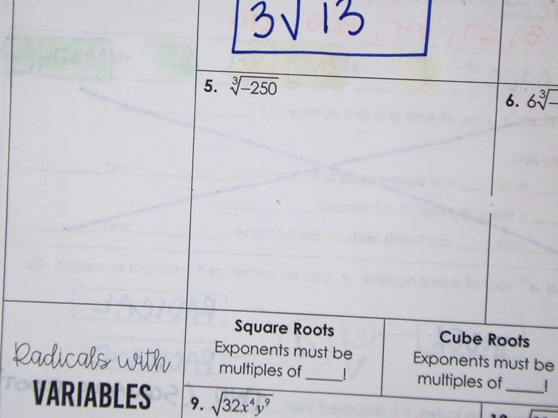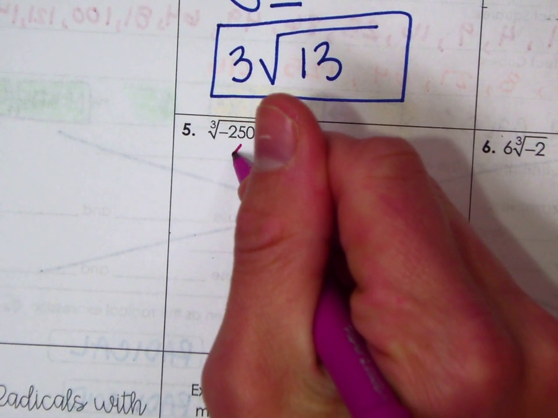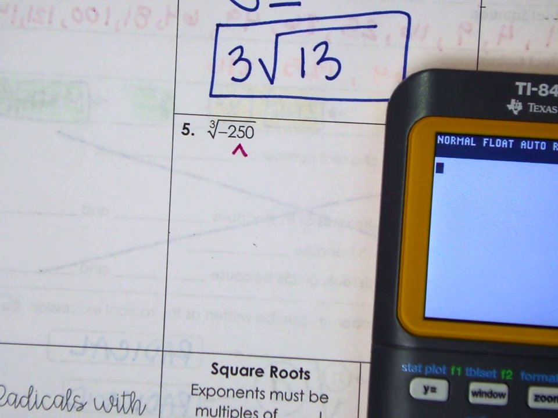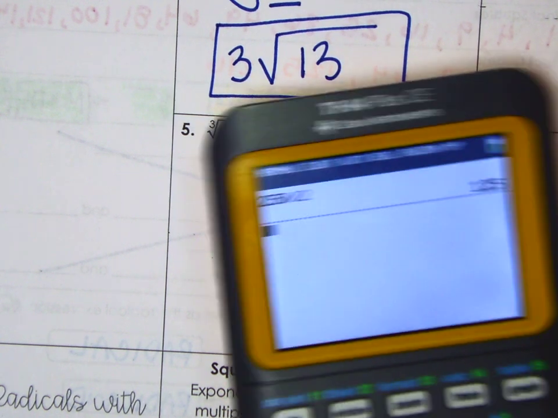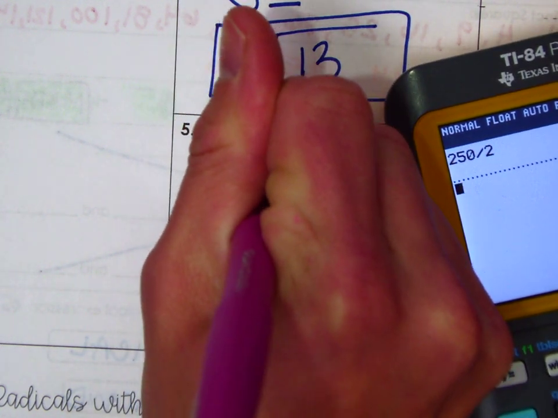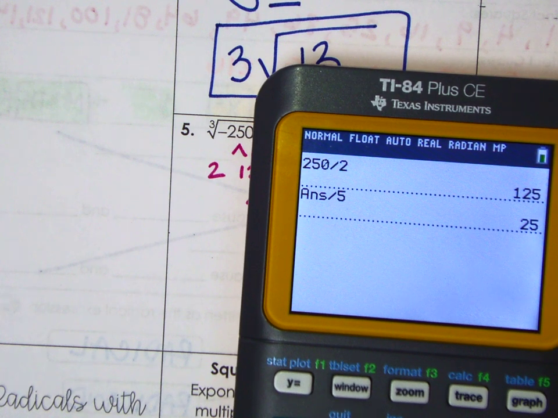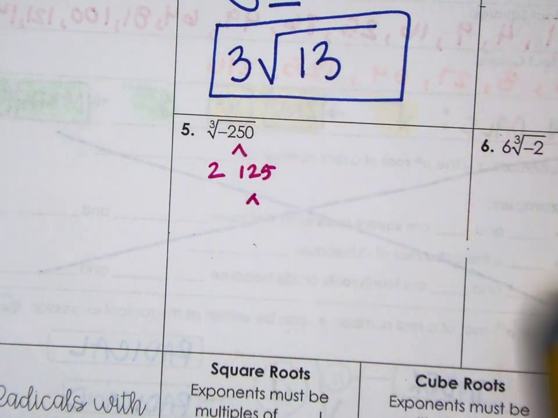All right, so I'm going to go down here to this cube root. So same thing, I'm going to break down the cube root. So 250 divided by 2 is 125. And then 125 can break down to 5 and 25.